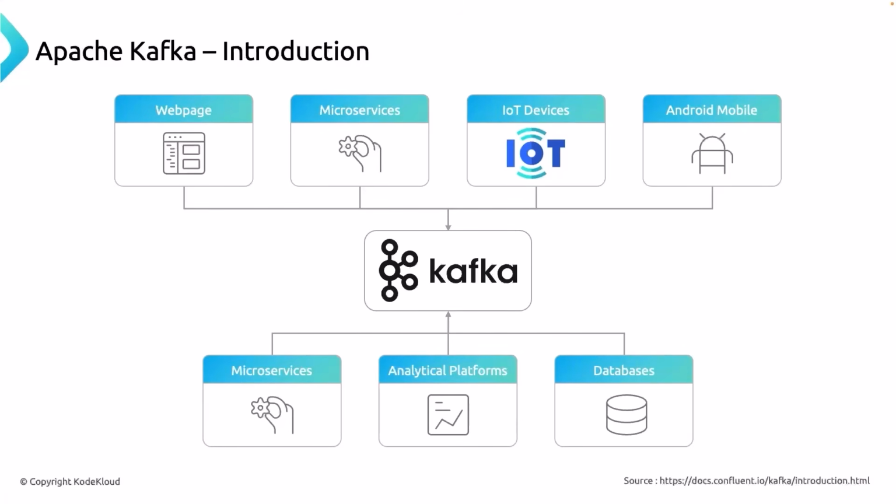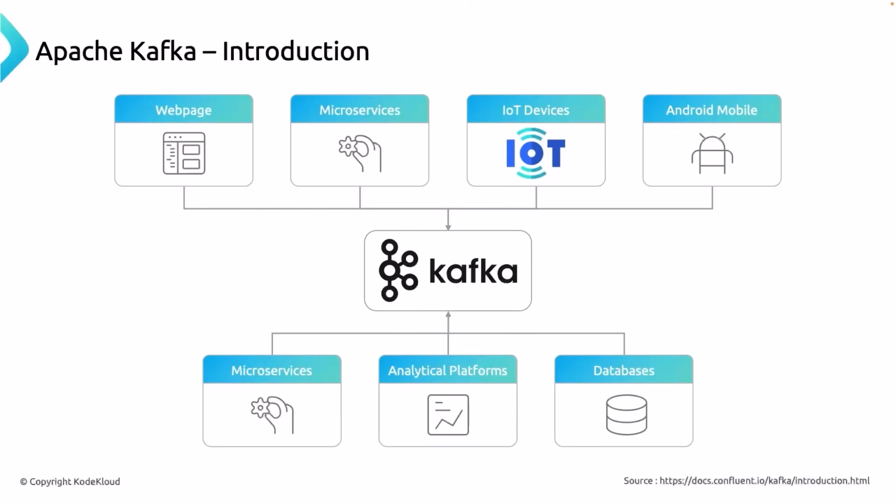This diagram shows Kafka at the center, acting as a hub for data movement. On one side, data comes in from various sources like web pages, microservices, IoT devices, and Android mobile apps. These are the producers generating the data that needs to be processed or stored.